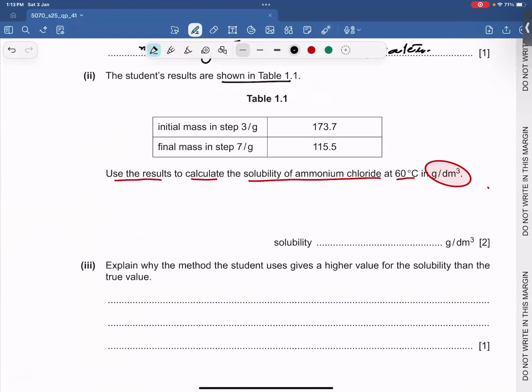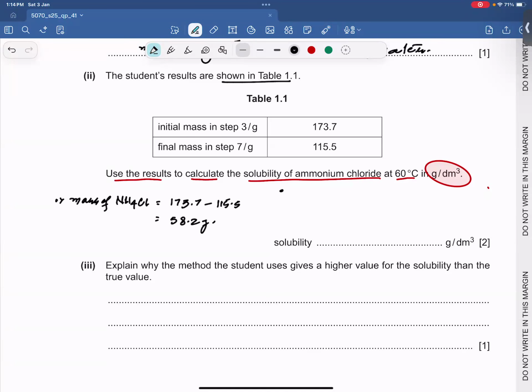So let me take out the mass from these two values. The formula of ammonium chloride is NH4Cl. It's 173.7 minus 115.5, so the mass of ammonium chloride is 58.2 gram.